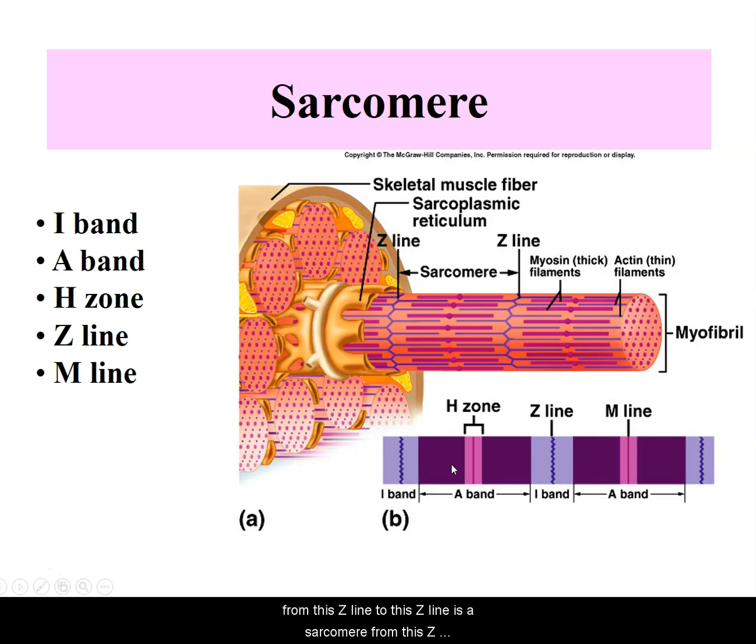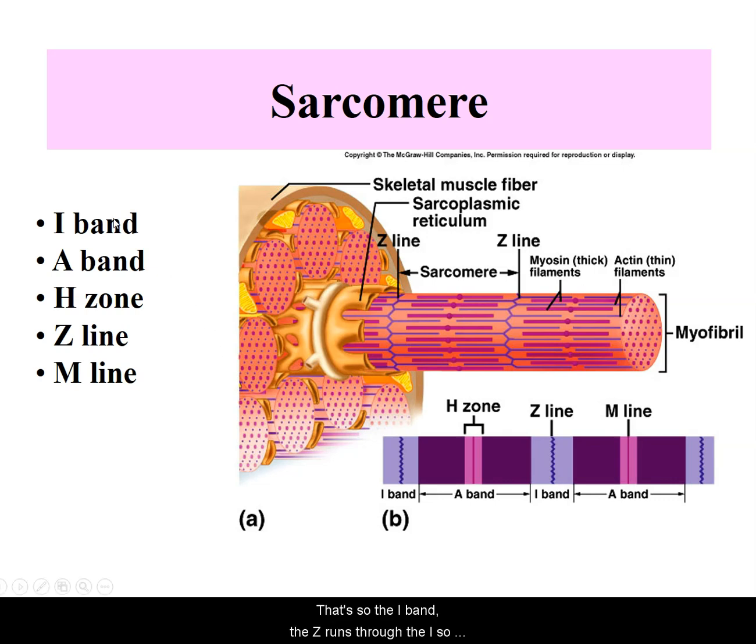So from this Z line to this Z line is a sarcomere. From this Z line to this Z line is another sarcomere. So this myofibril is one sarcomere after another, attached to one another. Now, let's go over the different parts, and then we'll talk about each one of these.